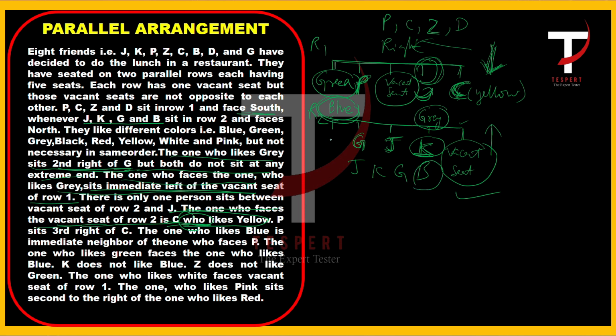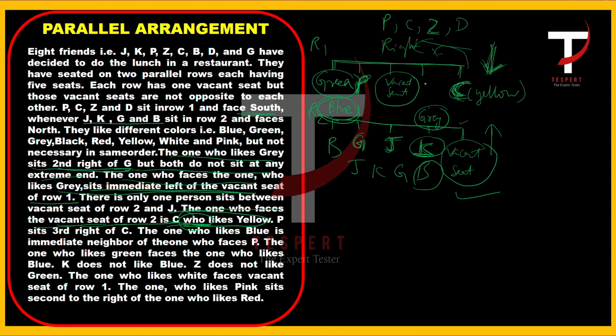So B, G, J, K is the order. And Z will be to the immediate right of C. So as this is C, the immediate right is this one. So here Z will be there. So Z will be here.